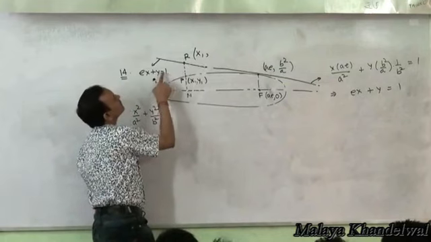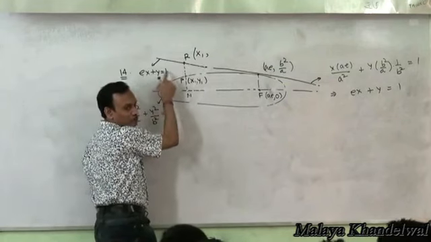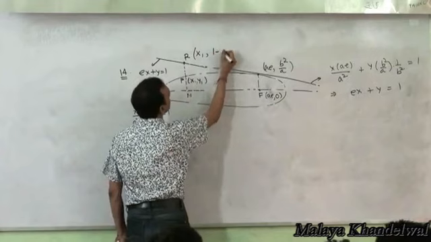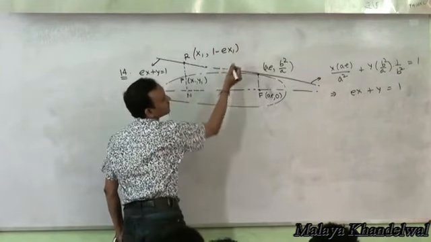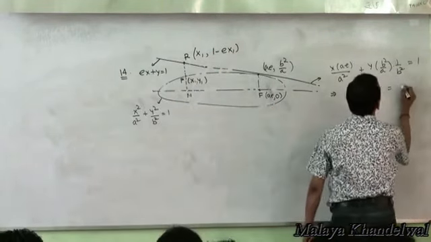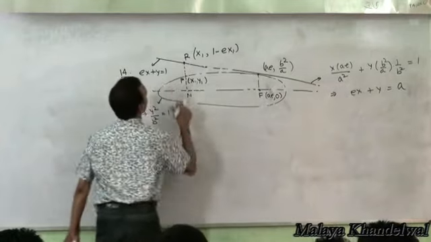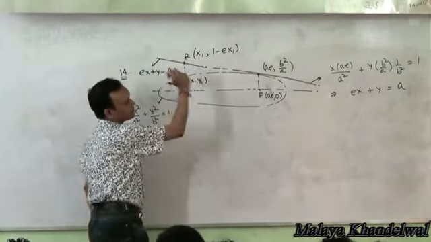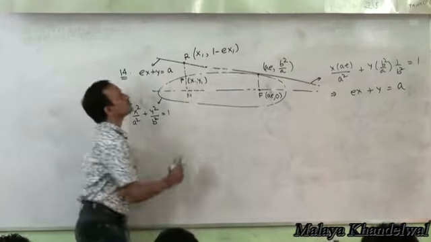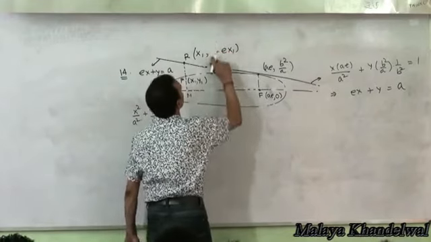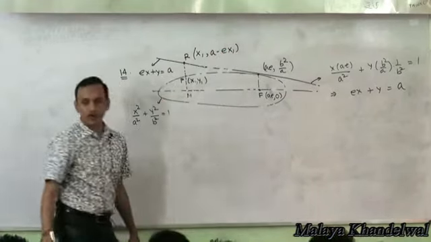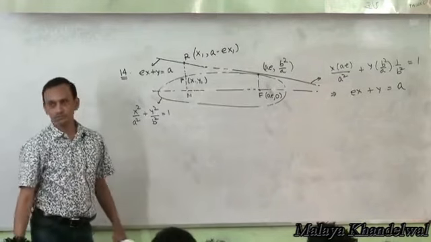So y of R would be 1 minus ex1. This should be a actually. ex plus y equal to a. So y of R is a minus ex1, right?